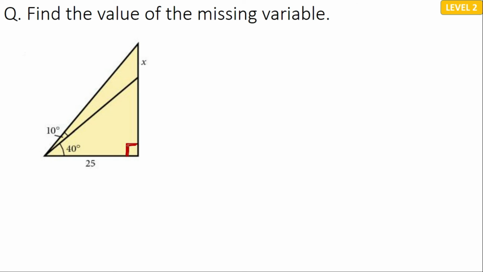Now in this question, find the value of the missing variable X here. Here again you have two right triangles which are overlapping over the other. So let me just separate them for you. You have the 90 degree here, which is a smaller right triangle, and another bigger one. The smaller one will go for an angle of 40 degree, and this is your 25 meter.